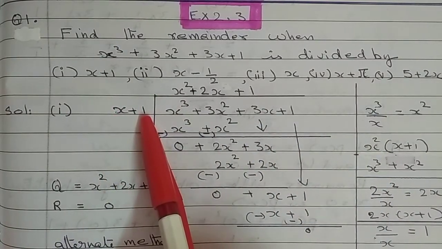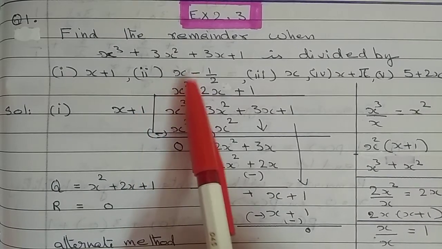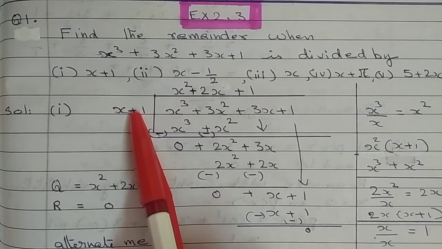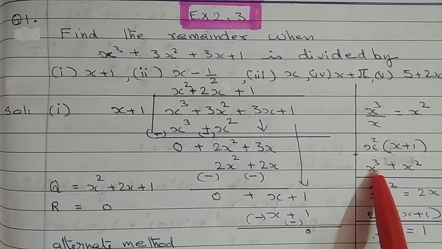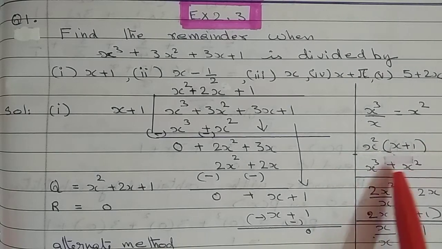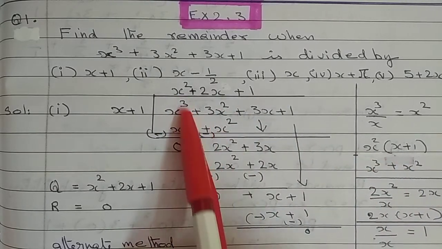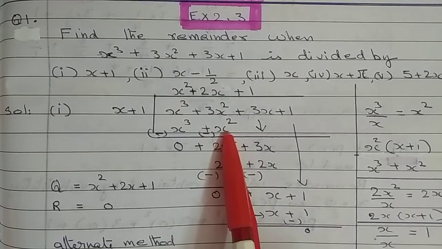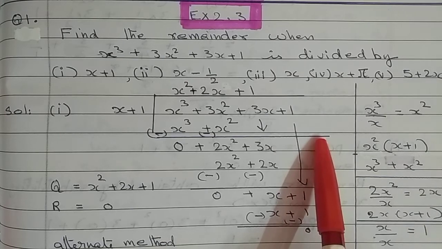This is what we do exactly in the normal division of a number by another number. Whatever number we obtain in the quotient, we multiply it by the divisor. So x square into x plus 1 will give you x cube plus x square. You will write x cube terms below x cube, and x square terms below x square. Then, as in the normal division of numbers, subtract it.